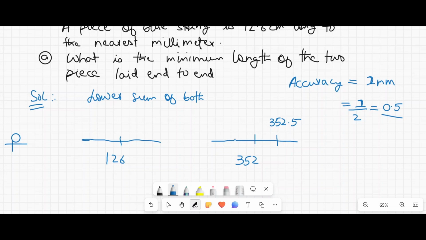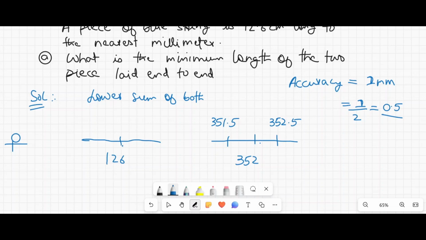We do not need the upper bound here, but I'm writing it to conclude, so skip this information. So now this is our 351.5, because 352 minus 0.5 you will get 351.5 millimeter.